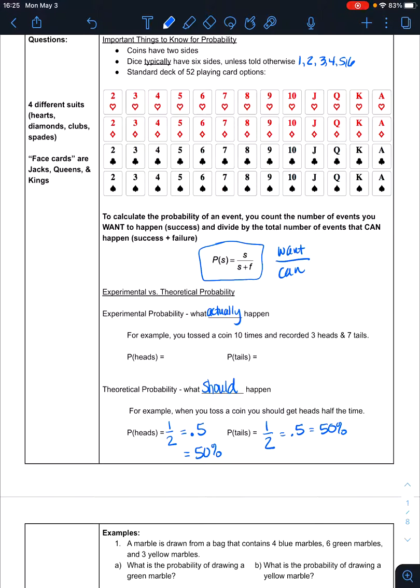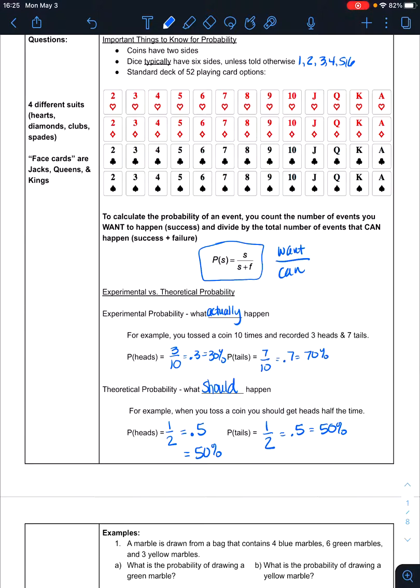For example, you might toss a coin 10 times and get 3 heads and 7 tails. Then your experimental probability would be 3 out of 10, or 0.3 or 30%, and your probability of tails would be 7 out of 10, 0.7 or 70%.